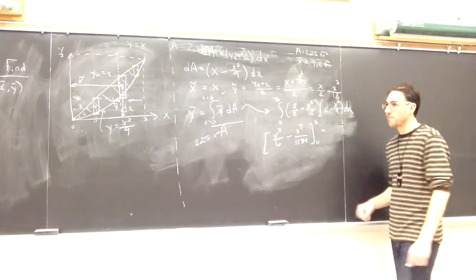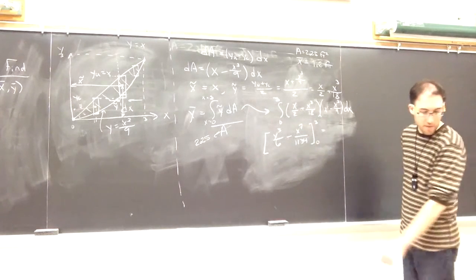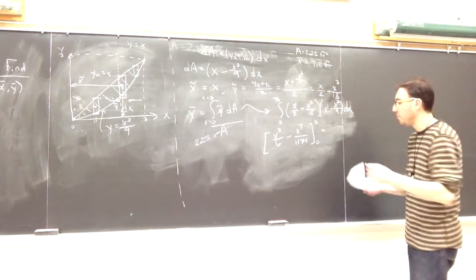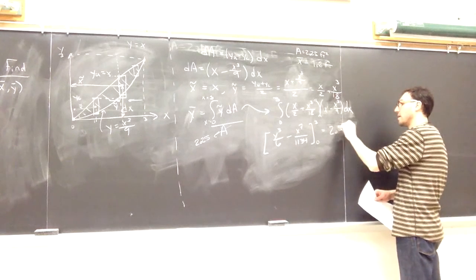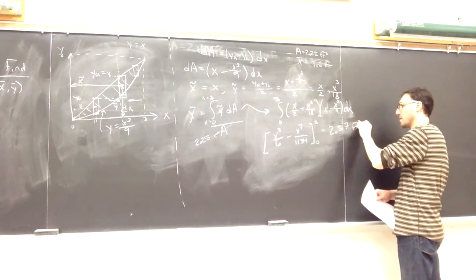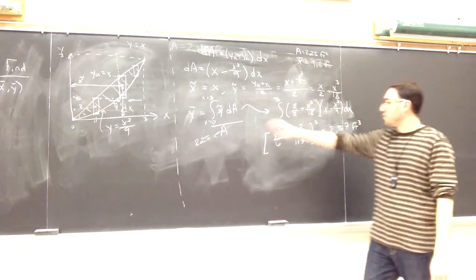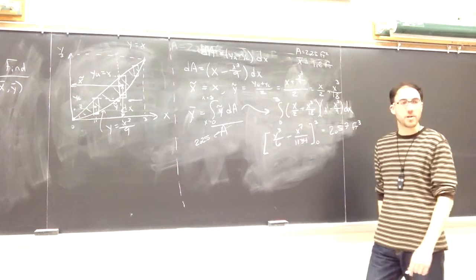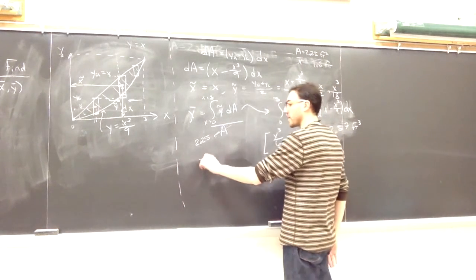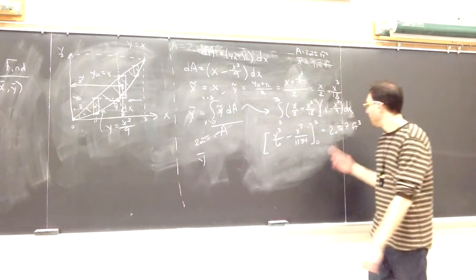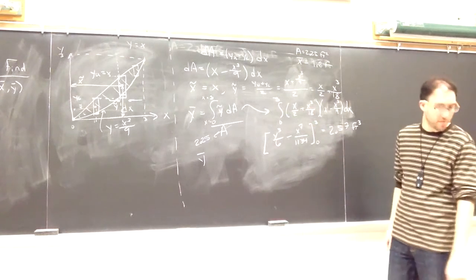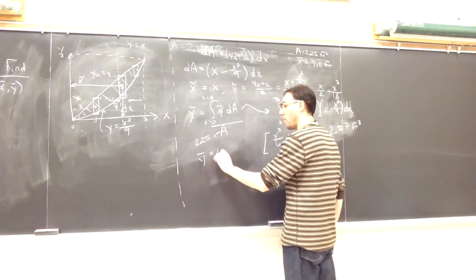So the numerator for this expression is going to be 2.57 cubic feet. We have the numerator. The denominator is that 2.25. So the final step is we can find y bar by dividing 2.57 by 2.25, and we get about 1.14.